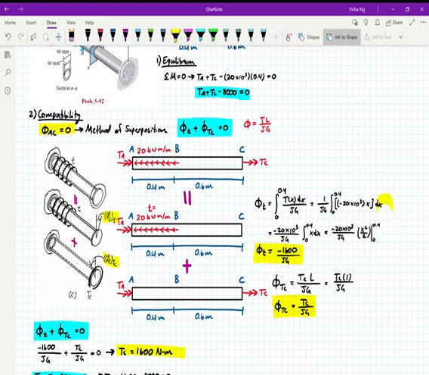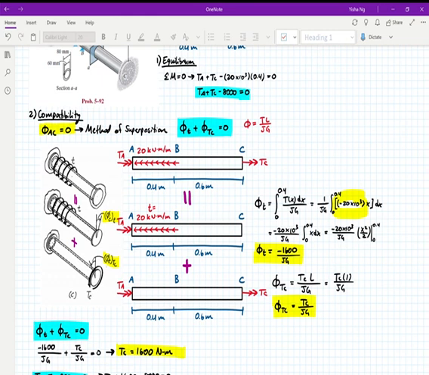Then we've got a dx on the end. Next, I'm pulling this constant out of the integral. So I have negative 20 times 10 to the third over JG times the integral from 0 to 0.4 of x dx. And if you plug in all those values, ultimately you're going to get that the angle of twist due to the distributed load is negative 1600 over JG. We're going to do the same thing for the second part of our method of superposition, where we just have the torque acting on the end.